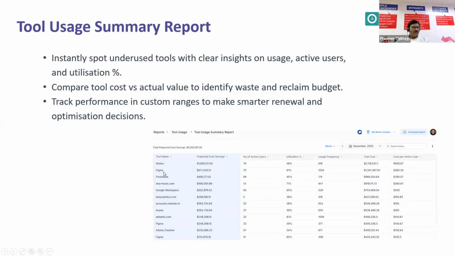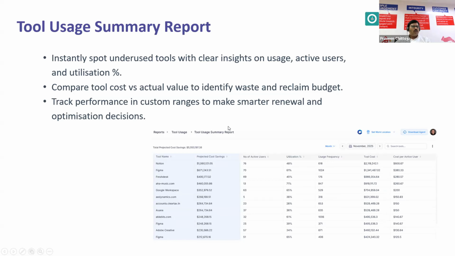Okay, the same thing is calculated for each and every tool based on the utilization percentage. It will track the applications, how many people are using, and what the utilization percentage is. Based on that, it will calculate the usage frequency and give the cost per active user.